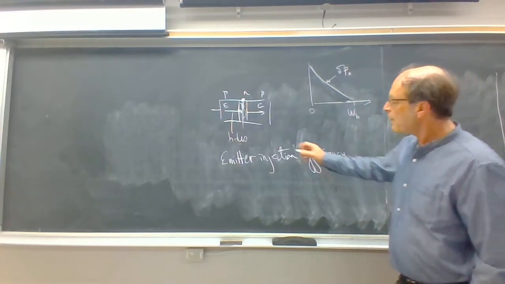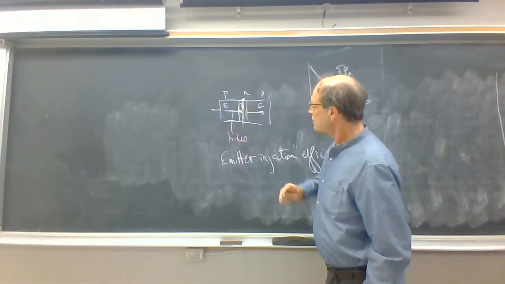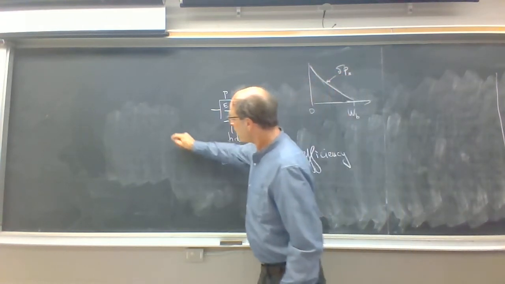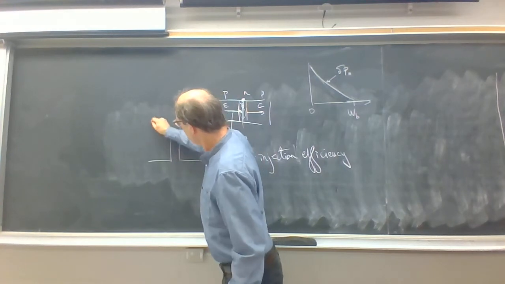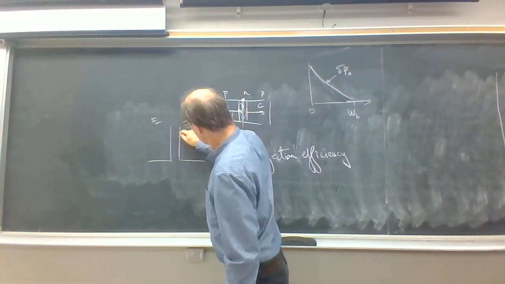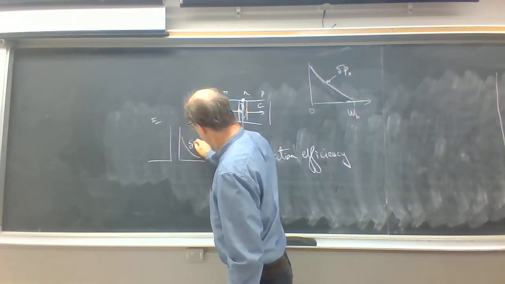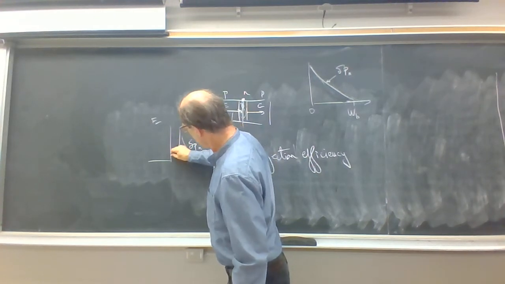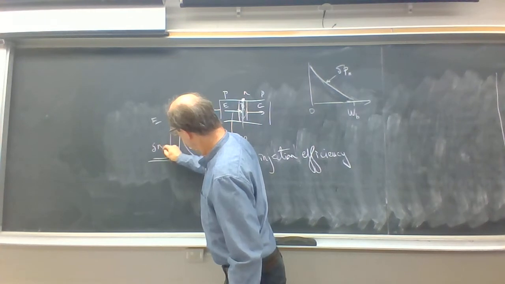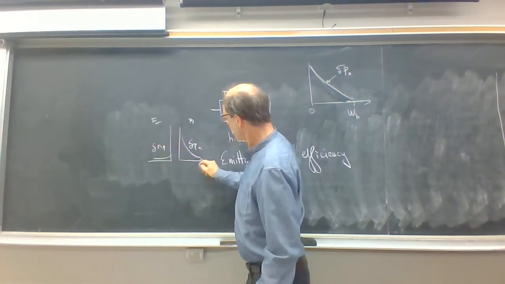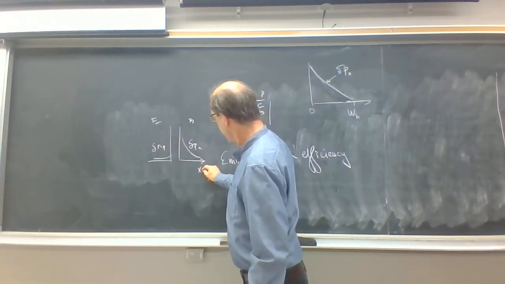So remember, at the emitter base junction, we have the situation where excess holes can be injected into the base, and excess electrons can be injected into the emitter.